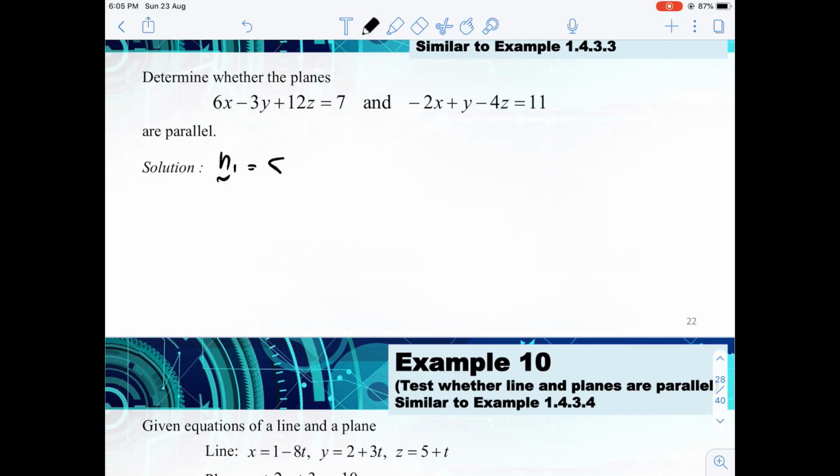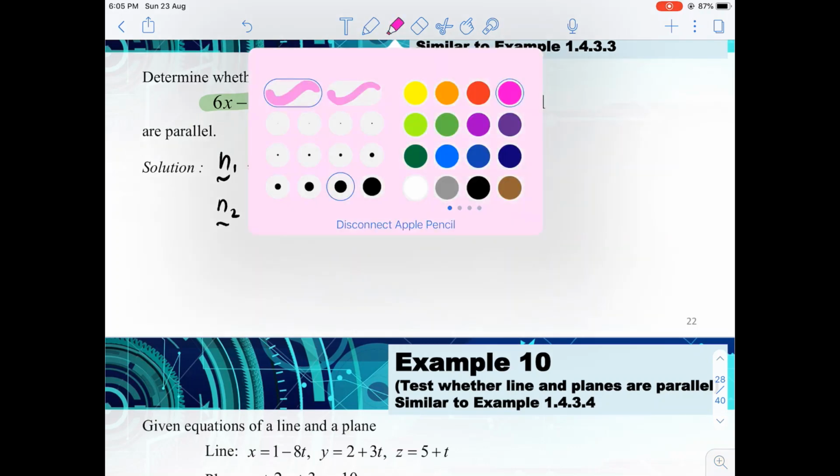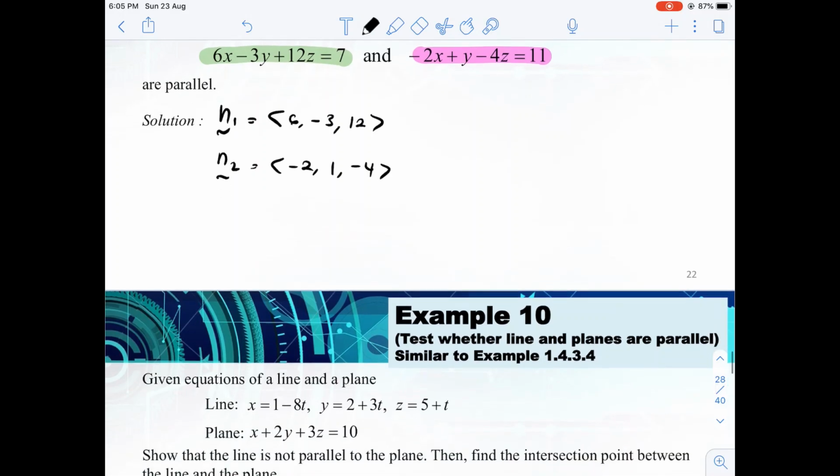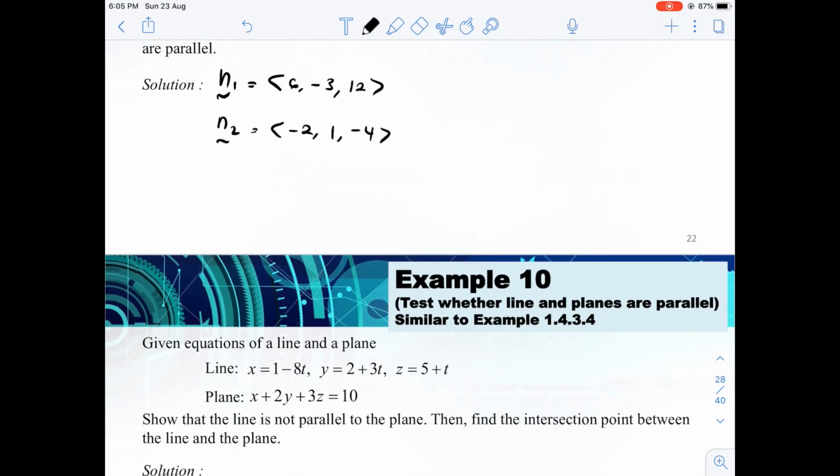Let us consider this as the first plane. So we have n1 equals 6, negative 3, 12, and then n2 from the second plane is negative 2, 1, and negative 4. So we need to show that n1 is equivalent to kn2.